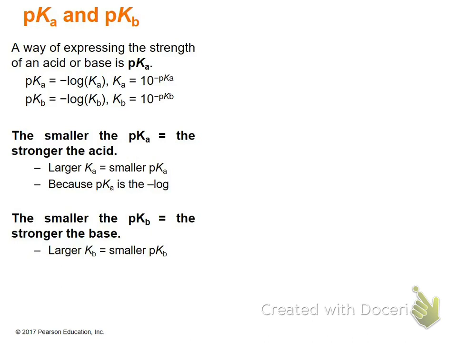And when you take the negative log of a large number, it becomes a smaller number. And if you take the negative log of a small number, you get a value that's larger than the original number. So they're inversely proportional. Again, the smaller the pKa, the stronger the acid, and the larger the Ka means the smaller pKa.